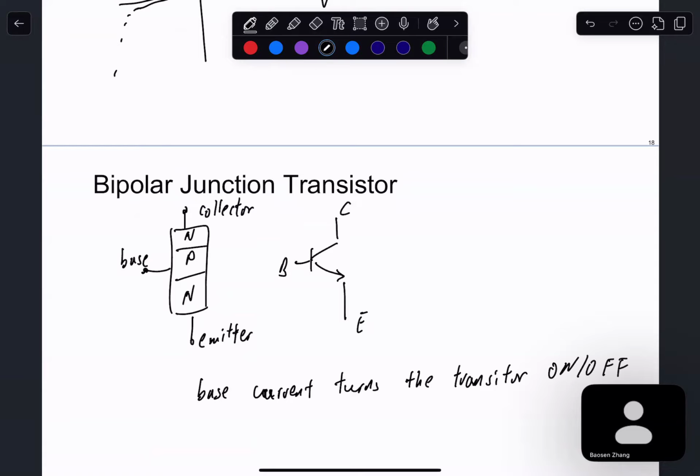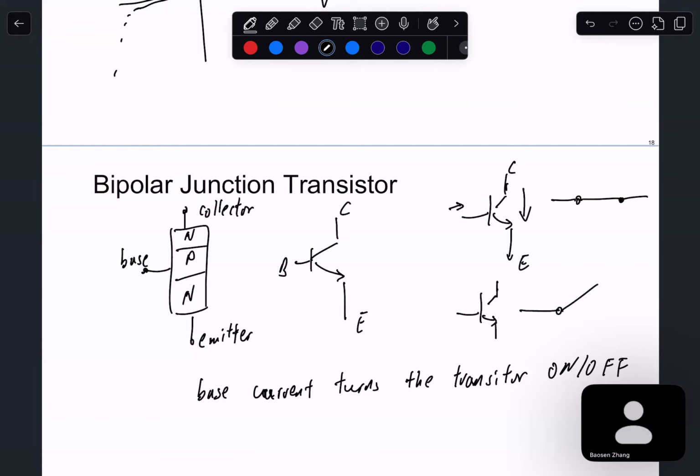Depending on how much current is applied to the base, we can either have current flow between C and E, or no current flow between C and E. If we push enough current at the base, then there is current flow between C and E, and this is a closed switch. If there's no current to the base, then this acts like an open switch.